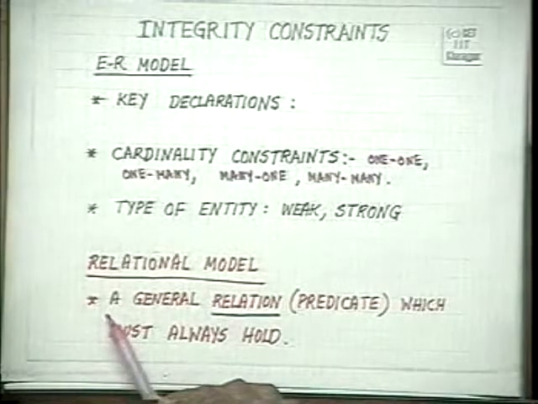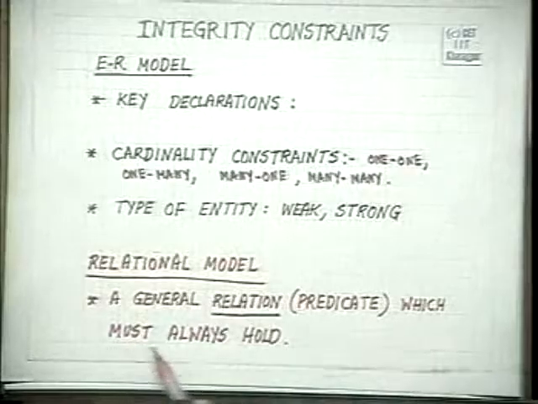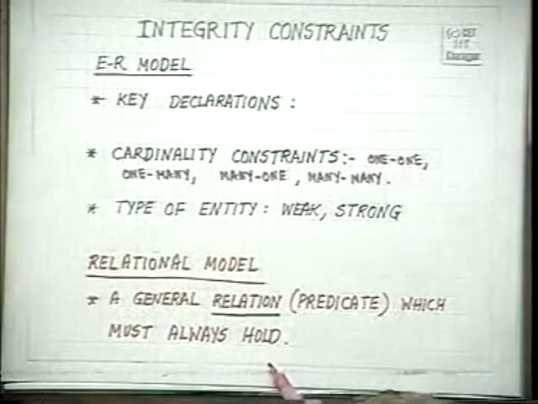So, what we want is to define them in such a way that more checks can be done easily, and we leave the complex checks, those which cannot be done by simple means, to the expression of general predicates only.